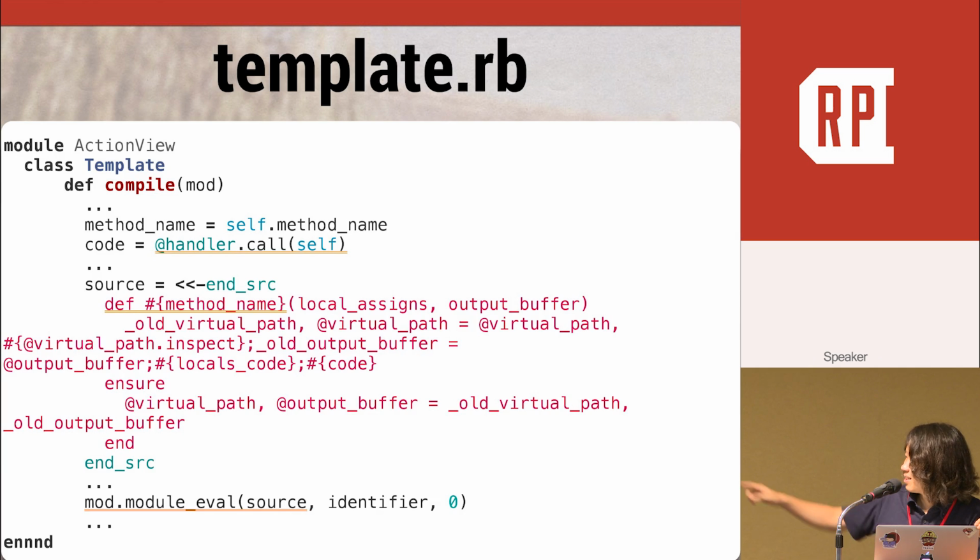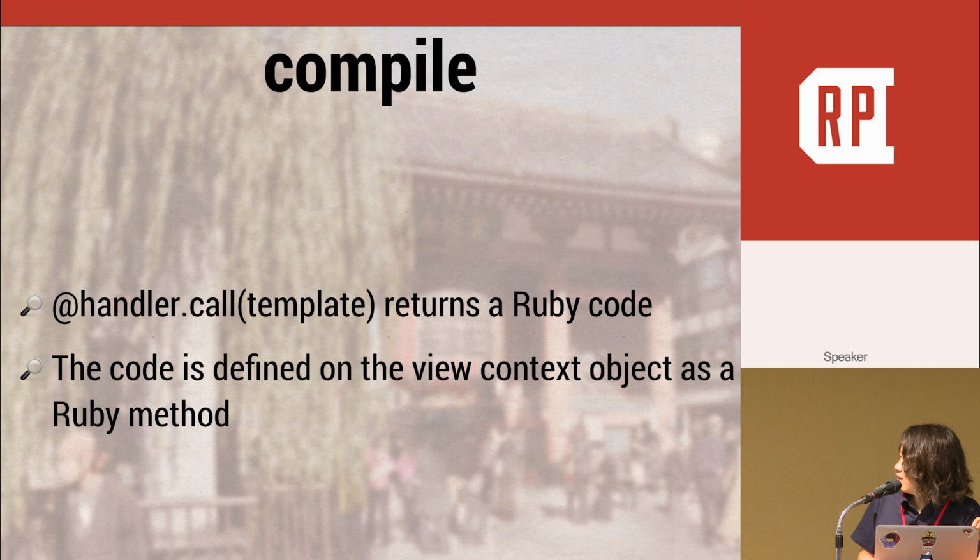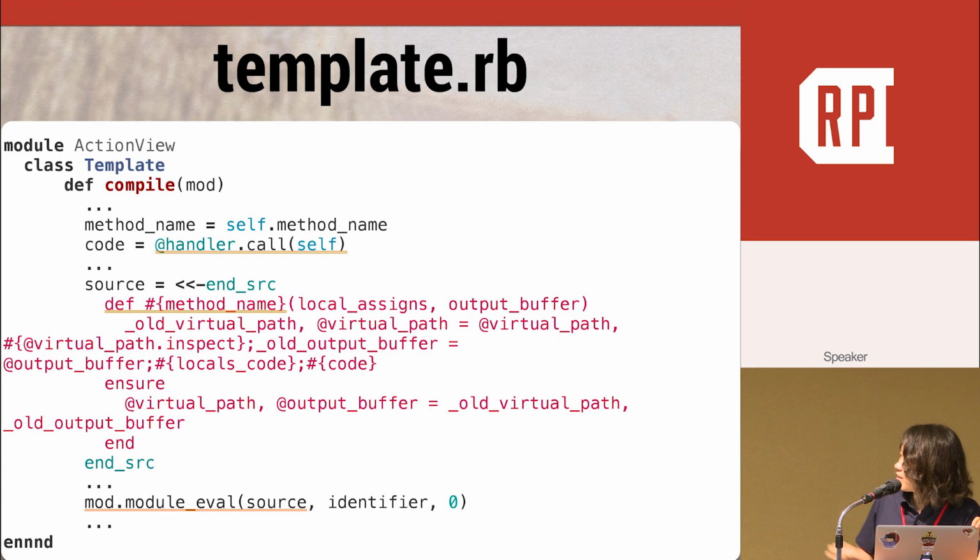It defines something with a def, blah, blah, blah, and executes this def method on the module. I mean the class. So compile. Yeah. There's a handler.call. Handler.call returns a Ruby code, which is going to be a method body.